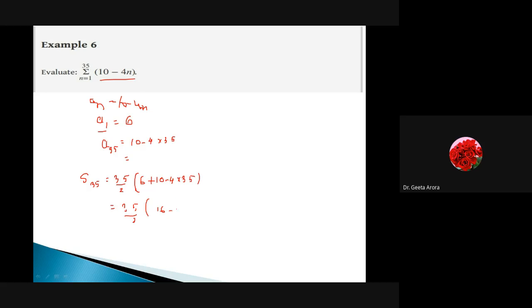I think it's 140. It's giving me 140. So if I simplify it, it gives me 35 by 2, and 16 minus 140 is minus 124, correct? And if I divide it, it becomes 62, and on multiplication with 35 you can verify the answer is coming as minus 2170. So this is what the answer is.